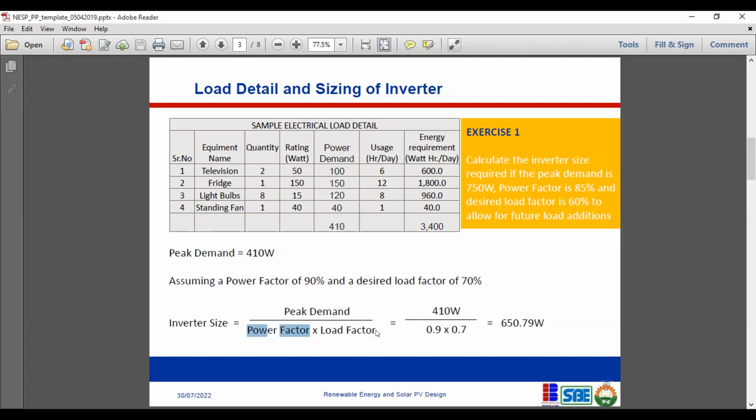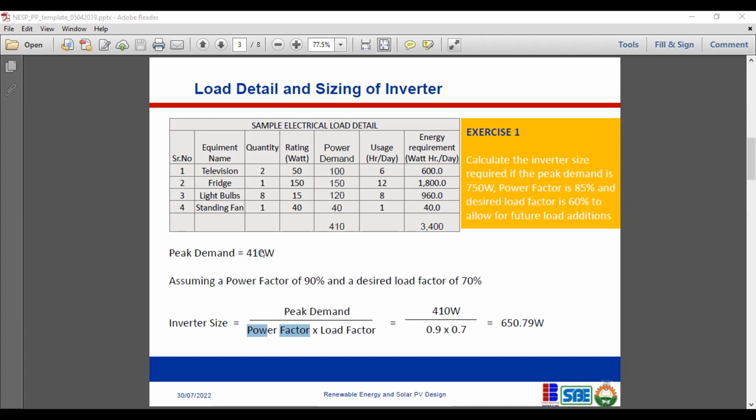585. Okay. The person that asked the question, are you clear on this, or are there specific areas you want me to address? On that, how do you determine the load factor, please, sir? Okay, so the load factor, the total demand you need is 410.